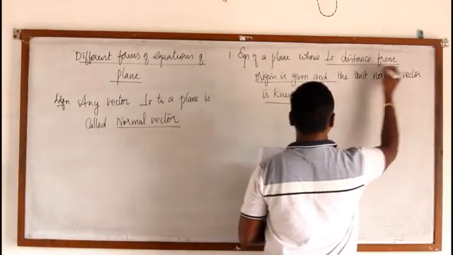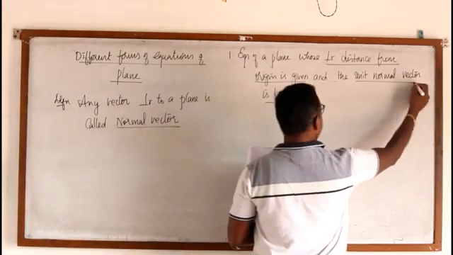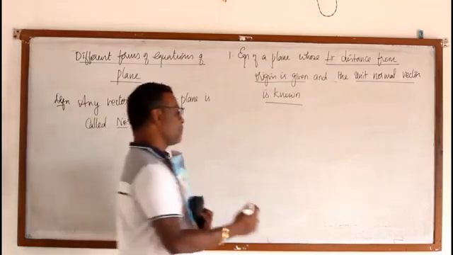So the perpendicular distance from the origin is given and the unit normal vector is known. Then we can find the equation of a plane.